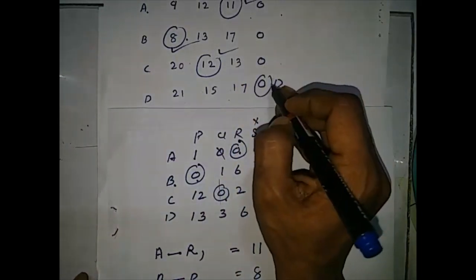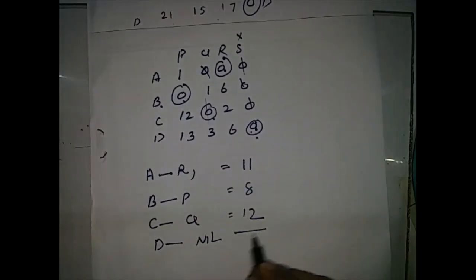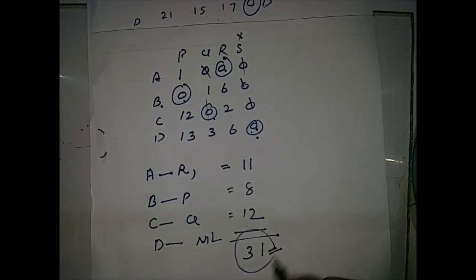We have made this dummy column. So D nil. So total is 31. 31 rupees. Whatever unit is given in the question, that unit you add.